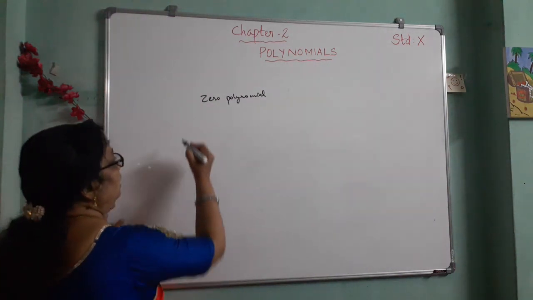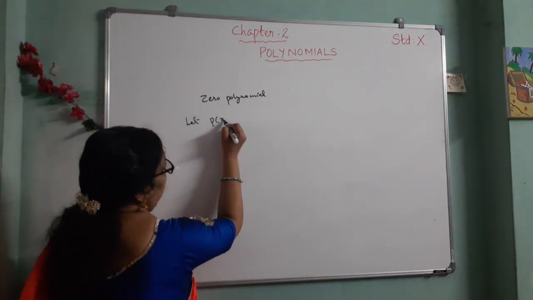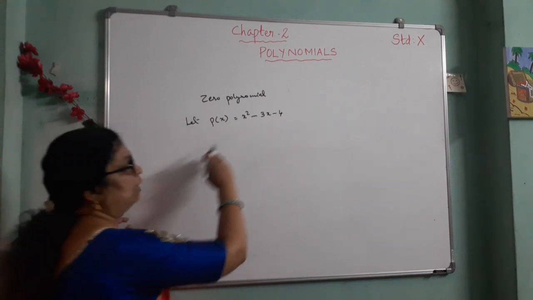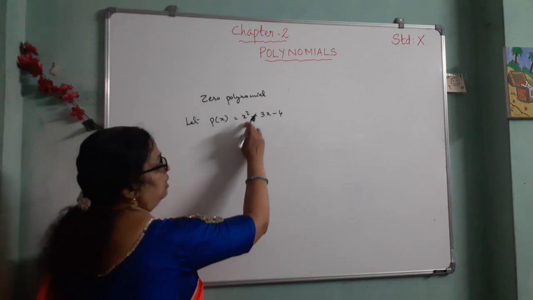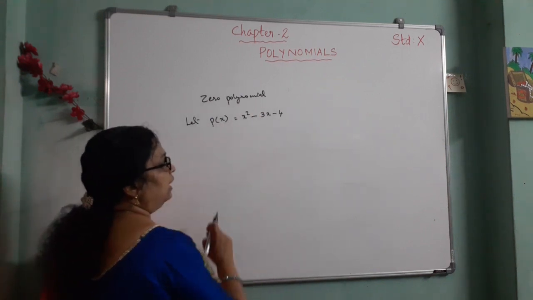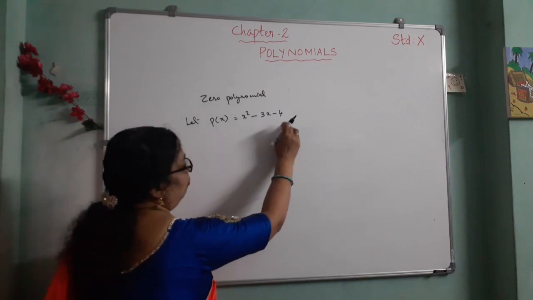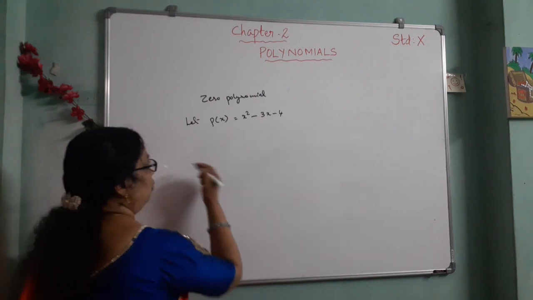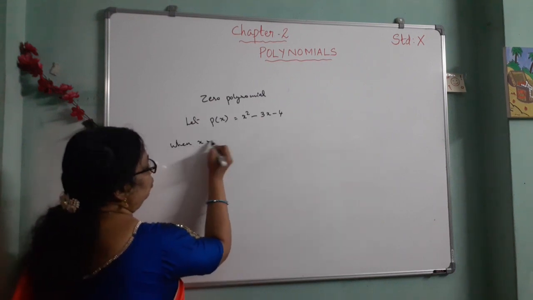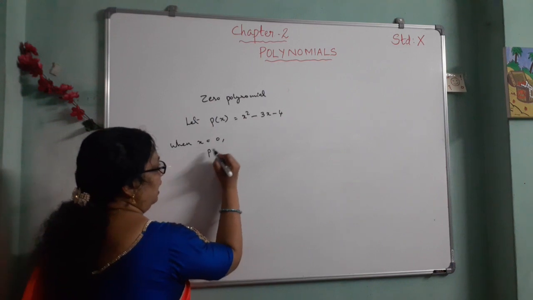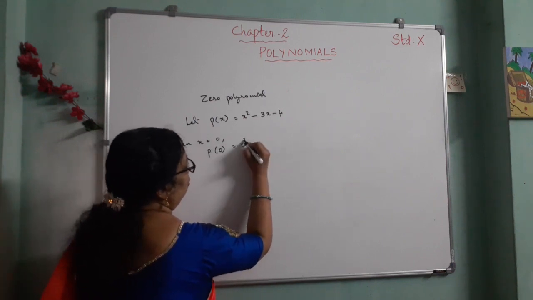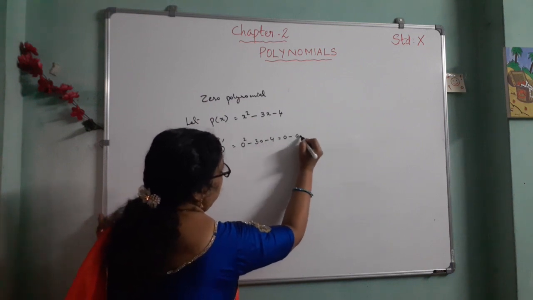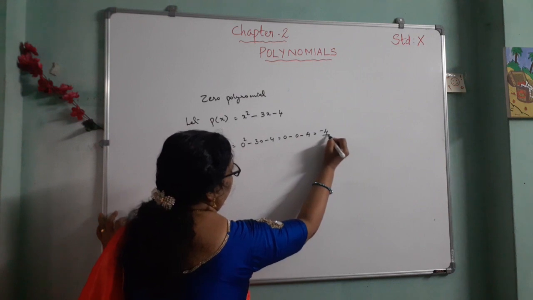Now let P of x equal x square minus 3x minus 4. This is a polynomial of degree 2 because x square is the greatest power of x. When x equals 0, we can write P of 0 is equal to 0 square minus 3 into 0 minus 4, which is 0 minus 0 minus 4, equal to minus 4.